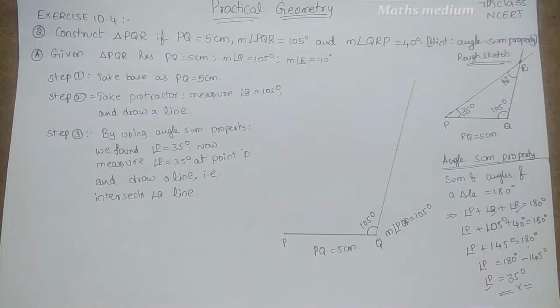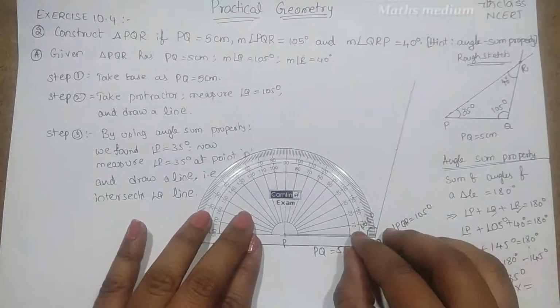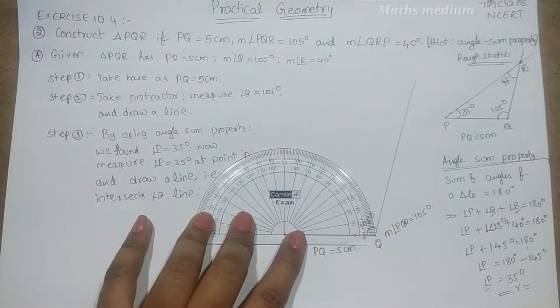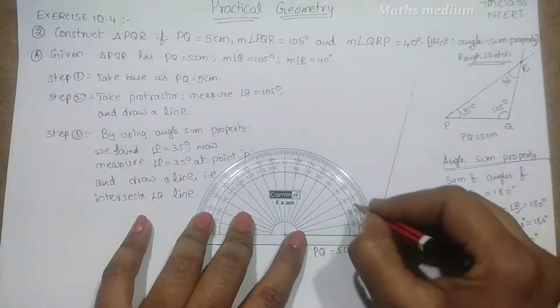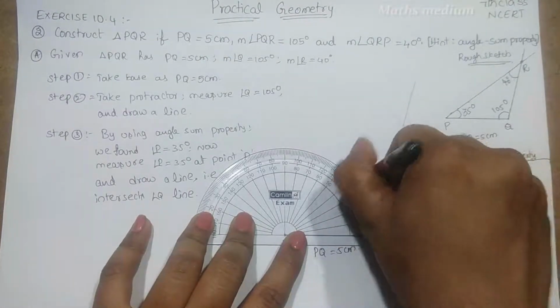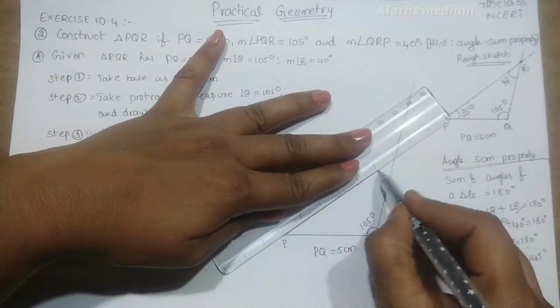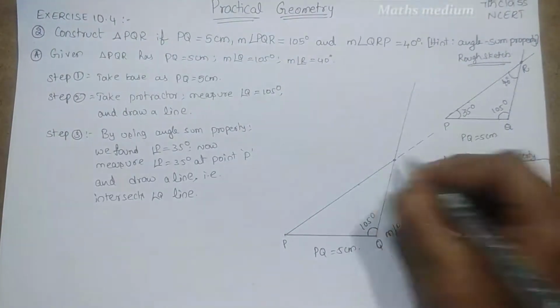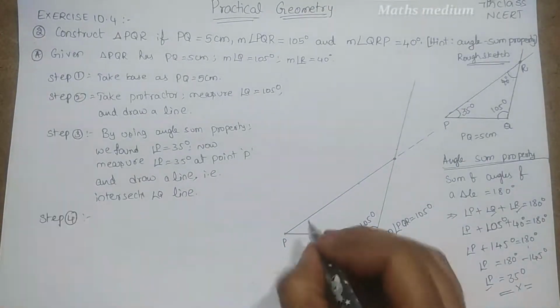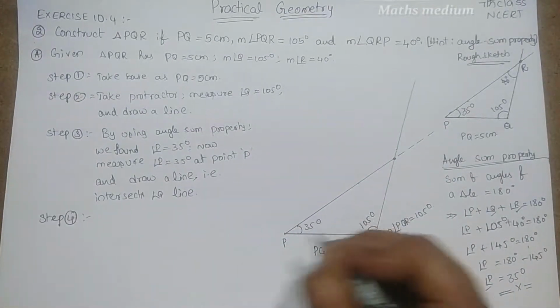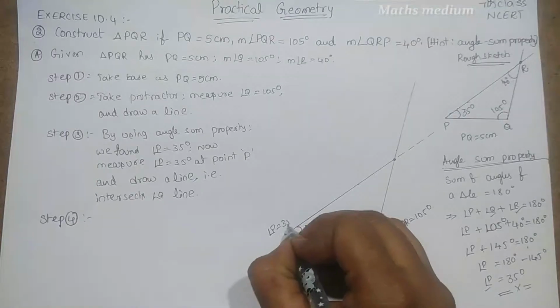Okay, let's take the protractor, and at P we have to measure 35 degrees, right? 0, 10, 20, 30 and 35 degrees. Now draw from P through this point, draw like this. So this is the point of intersection. Now step 4. This is 35 degrees, right? Angle P is equal to 35 degrees.